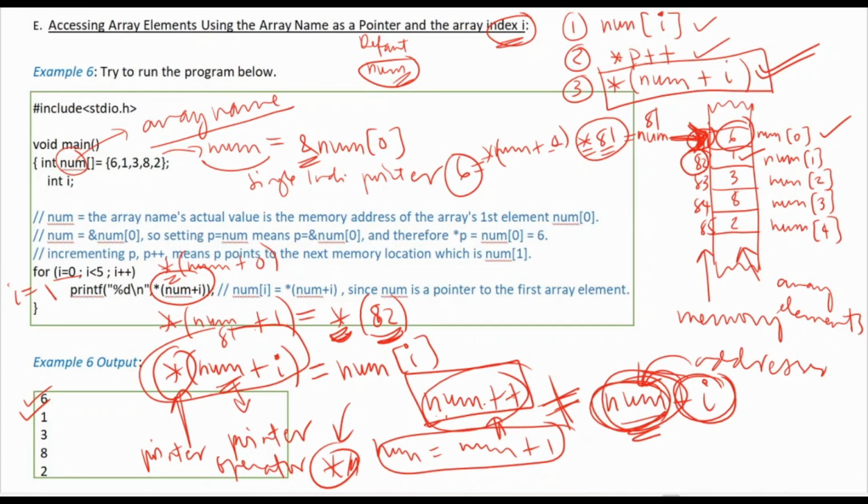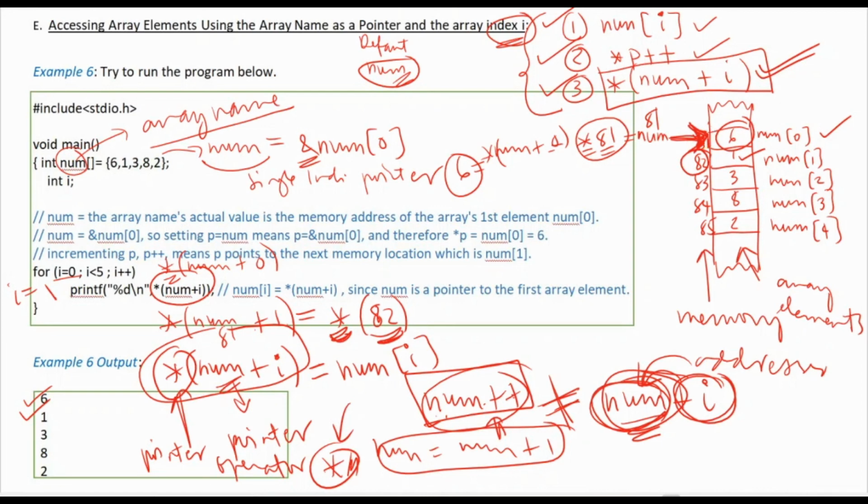So again, these three expressions which we use in the first example for accessing array elements, and then the second one, and then the third, all of these have the same behavior, and of course produce the same output.